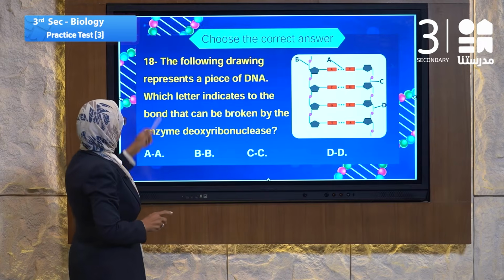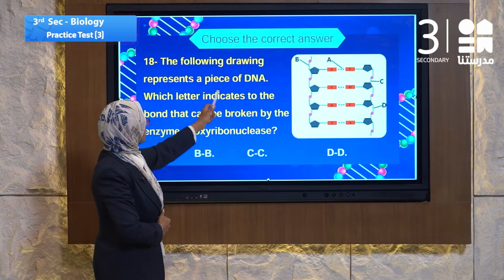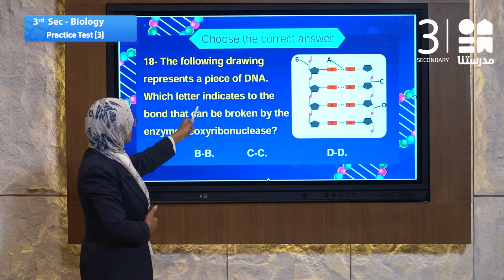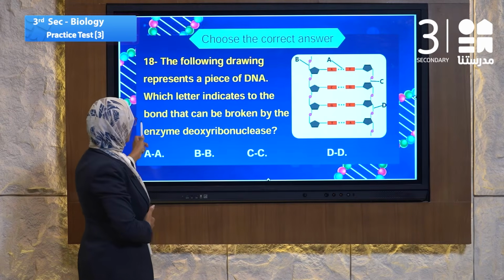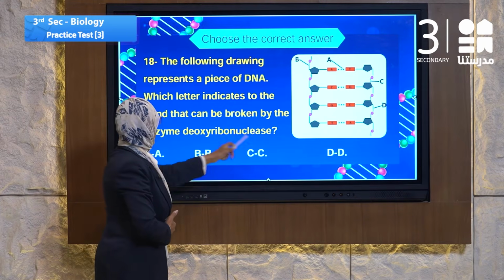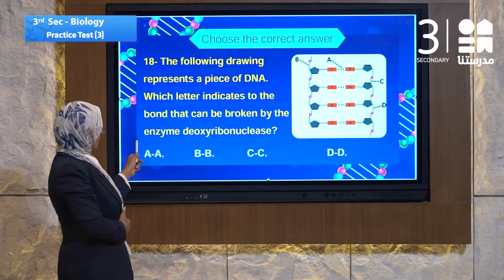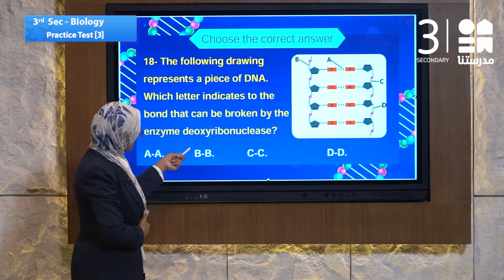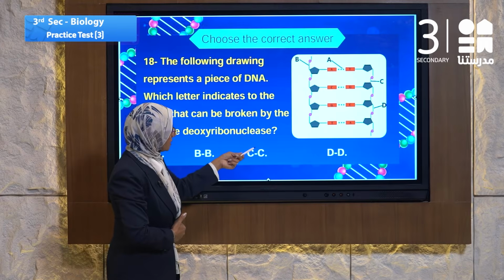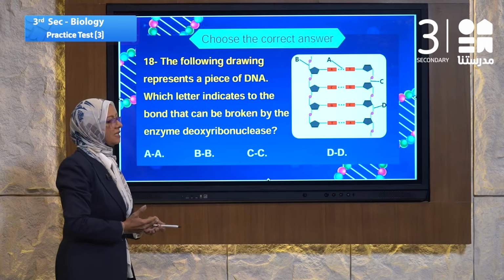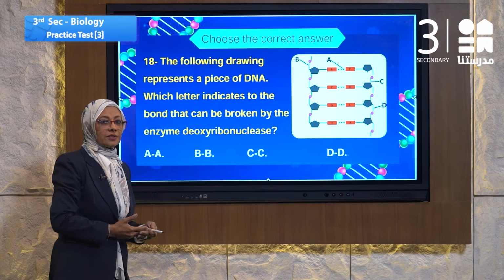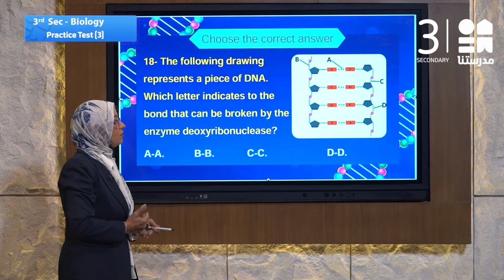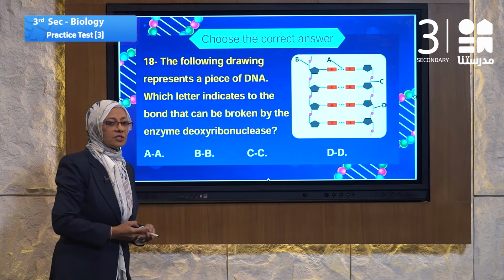So the following drawing represents a piece of DNA. Which letter indicates the bond that can be broken by the enzyme deoxyribonuclease? Where does the deoxyribonuclease work? It works at a covalent bond or a nitrogenous bond.